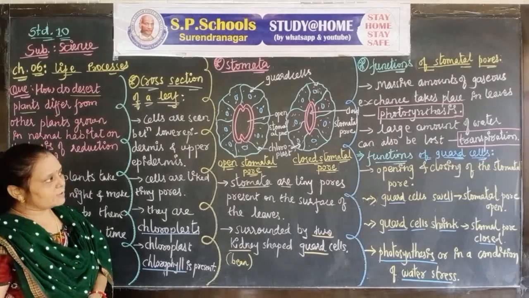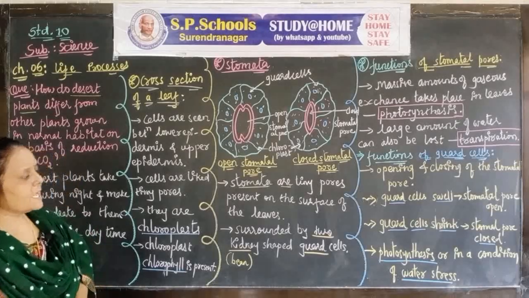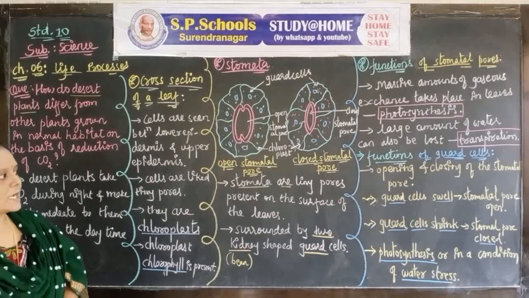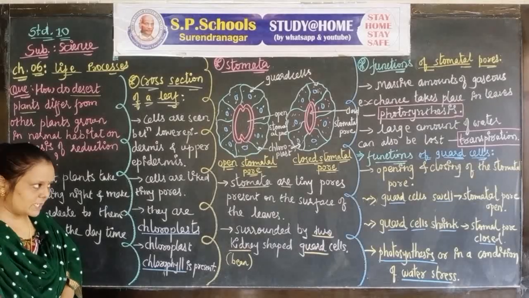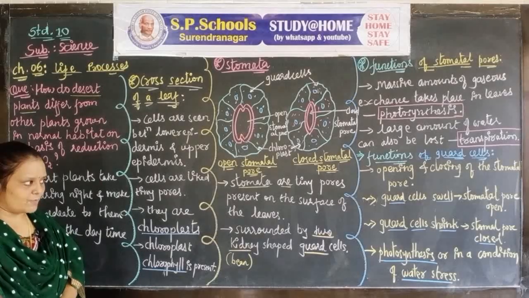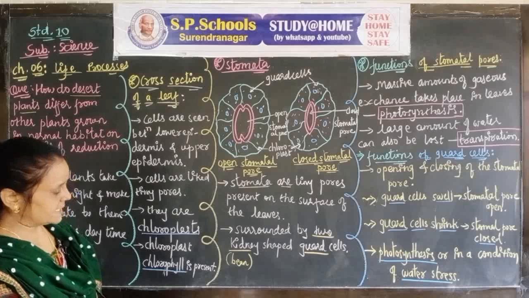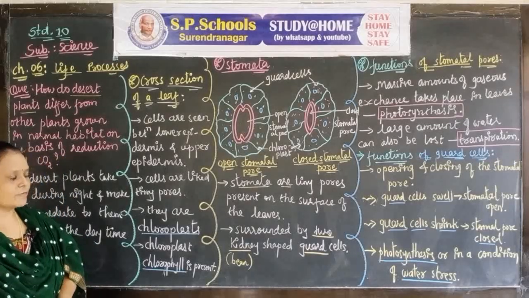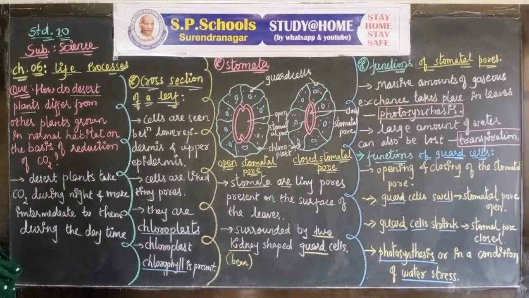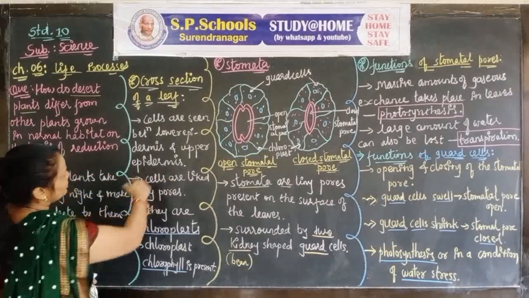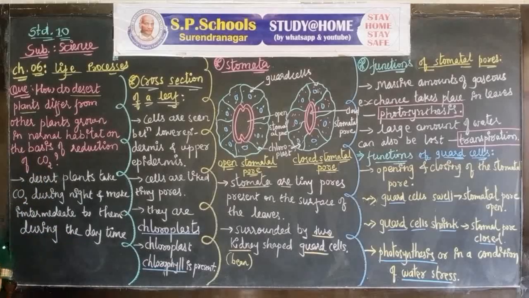Then give the function of guard cells. When guard cells swell, the stomatal pore opens, and when guard cells shrink, the stomatal pore closes. Thus, closing and opening of stomatal pores can be helpful in photosynthesis or in the condition of water stress. A 1 mark question here: desert plant and cross section of a leaf.